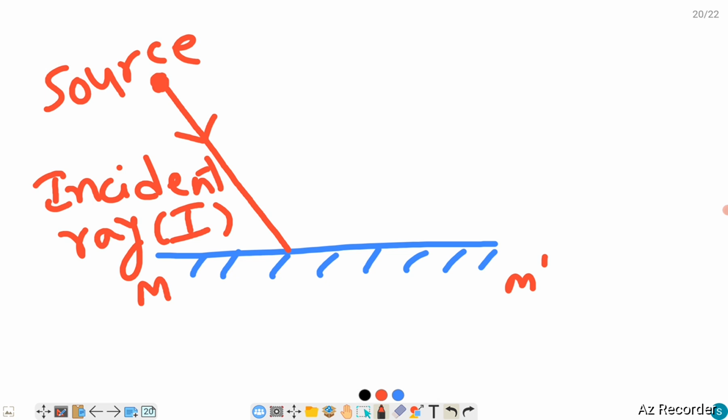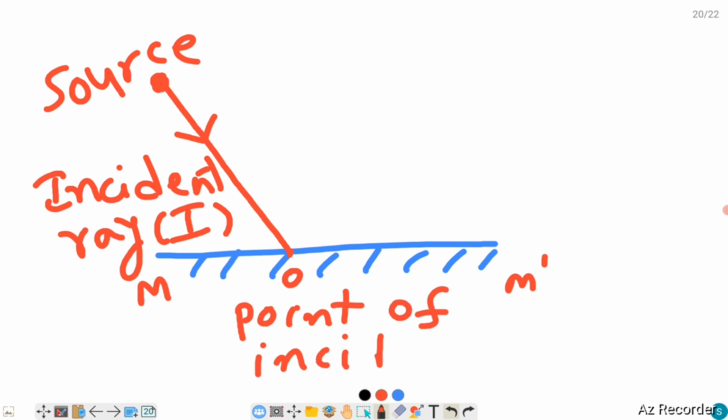And then it is touching at one point on the mirror, correct? This point is called as O. It is point of incidence. Incident ray is touching the mirror, so that is incidence, correct?